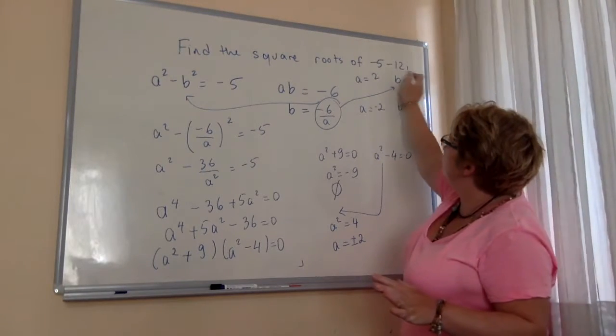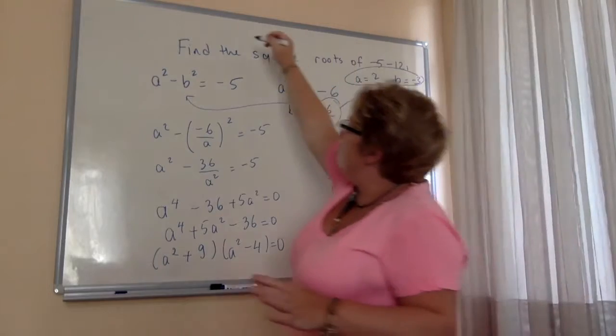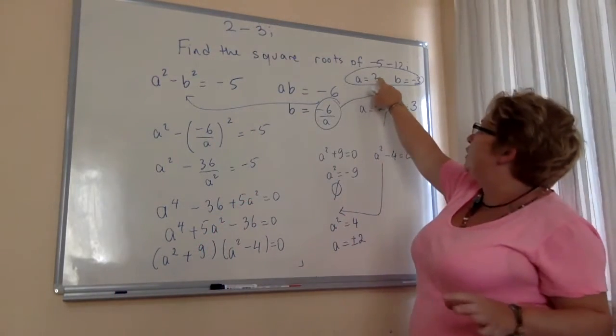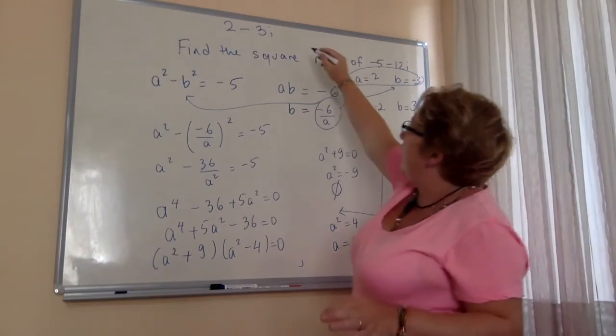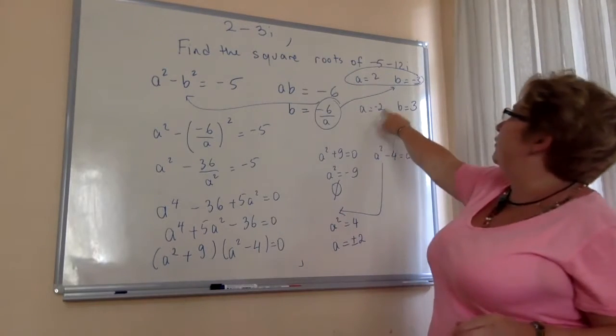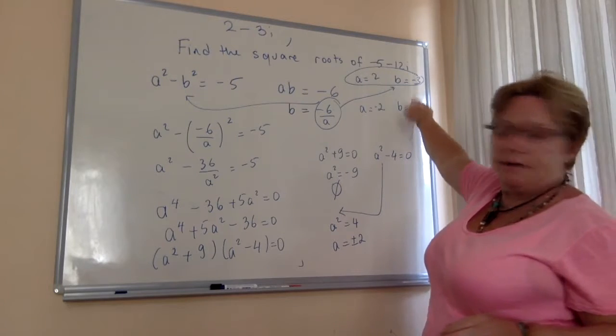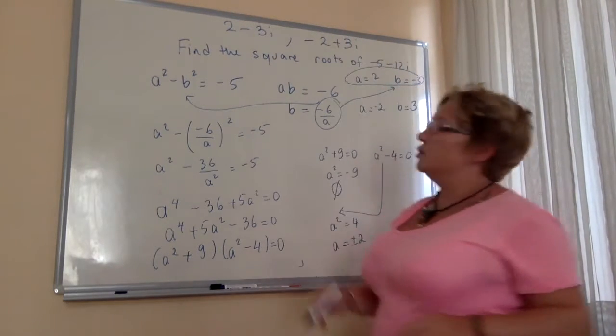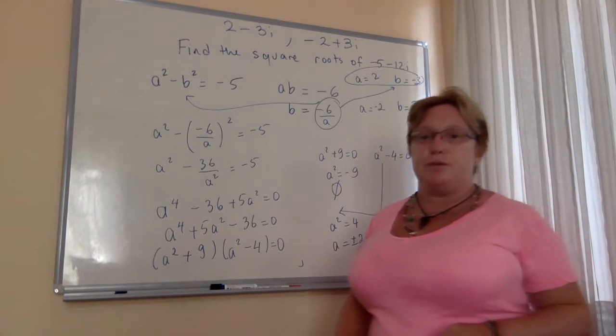My square roots will be 2 minus 3i, with the coefficients 2 and negative 3, and also negative 2 plus 3i. So those are my two square roots.